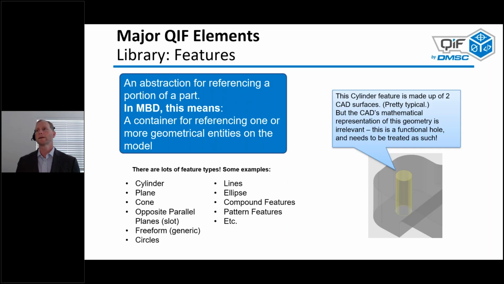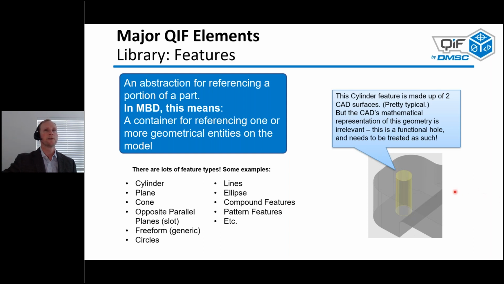So features and characteristics, this is kind of the big underpinning for QIF. And so features, what is a feature? The idea is, if we're looking at the MBD side of the world, a feature is where you would wrap CAD geometry with a feature, and that feature identifies some type of functional region of your part.